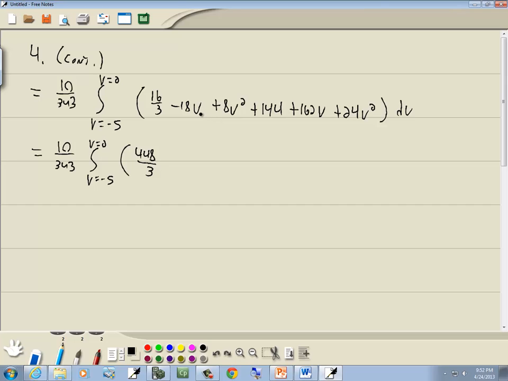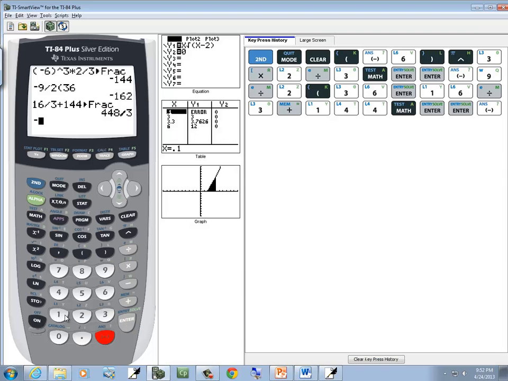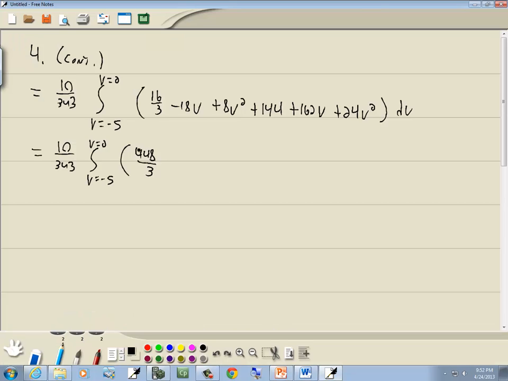And then we got negative 18 plus 162, gives us 144V. And we got 8 plus 24 gives us, I'm sure we screw this up, 32V squared dV.